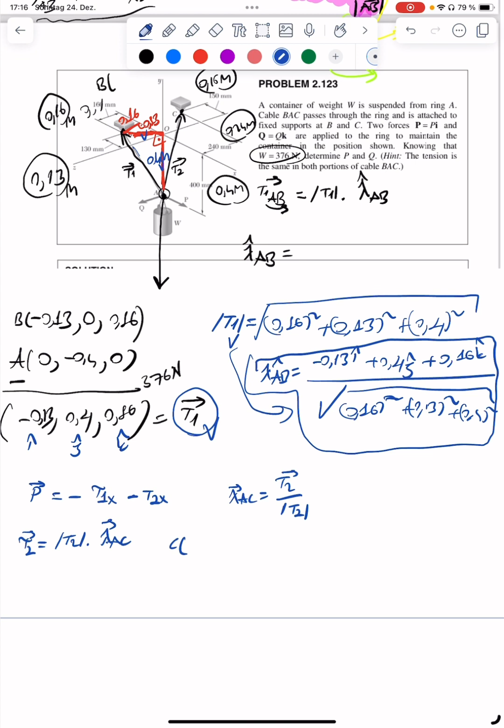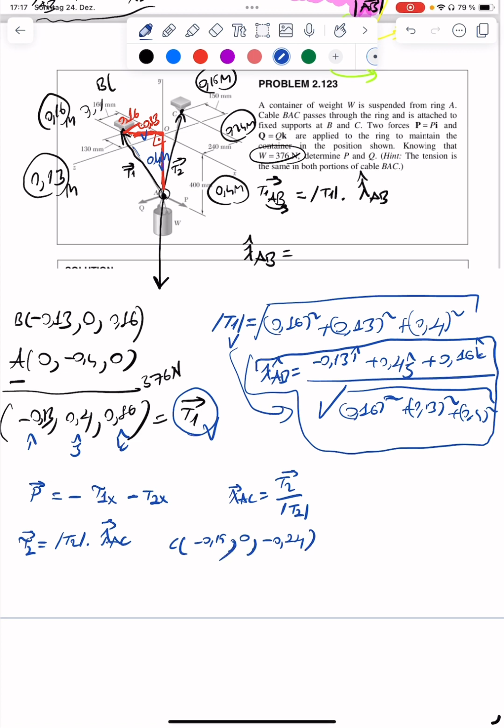Point C. What are you thinking about that? The point C is above the x-axis, about 0.15 meters, and on the y-axis it is 0, and on the z-axis it is minus 0.24.